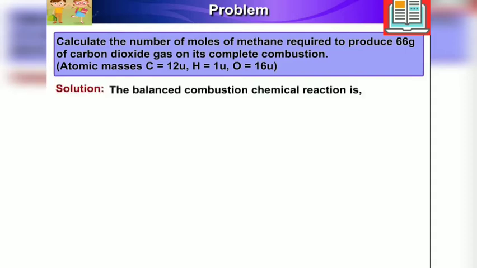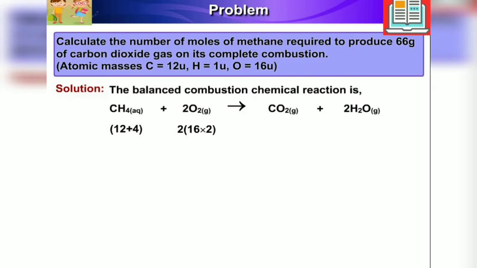Solution. The balanced combustion chemical reaction is CH4 (g) plus 2O2 (g) gives CO2 (g) plus 2H2O (g). That is, 12 plus 4, plus 2 multiplied by (16 by 2), gives 12 plus 16 multiplied by 2, plus 2 into (2 plus 16).